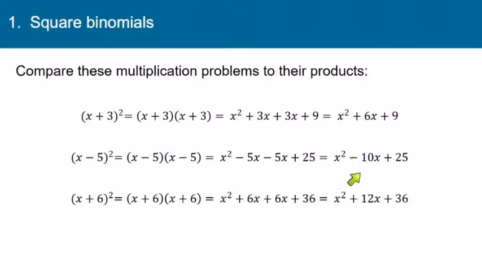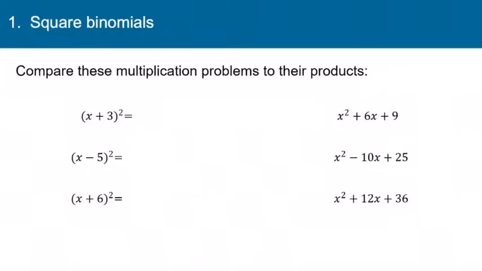Now I want us to look at these three answers and look back at the problem, and let's see what we can determine about these patterns. If you look at the first times first, each of these first terms was gotten by multiplying the first term times itself. And of course, each of these last terms was obtained by multiplying the last term in the parentheses by itself. 3 times 3 gave us 9, 5 times 5 gave us 25, 6 times 6 gave us 36.